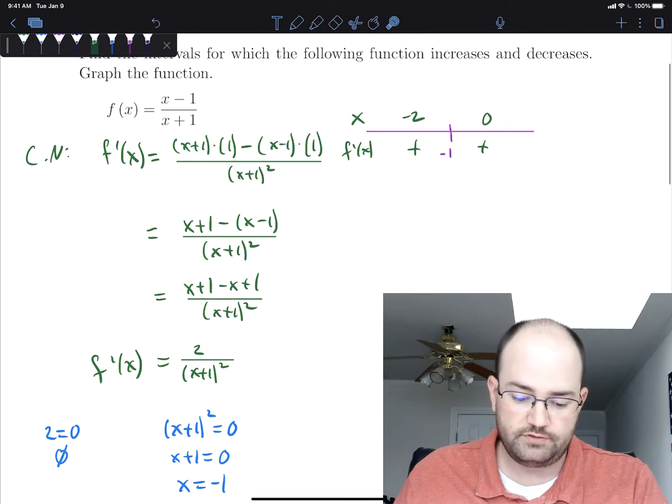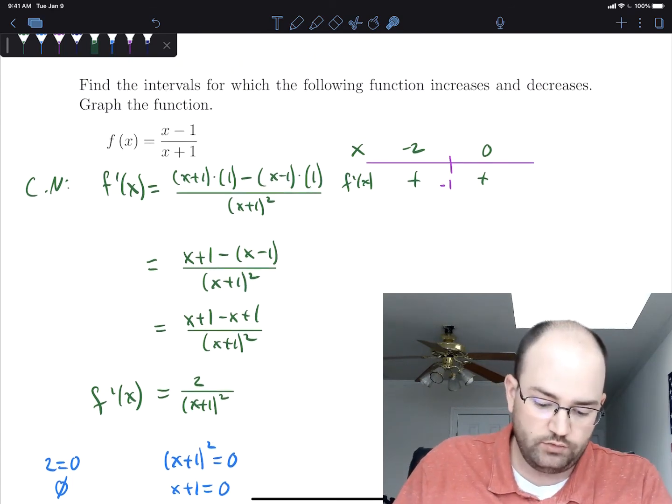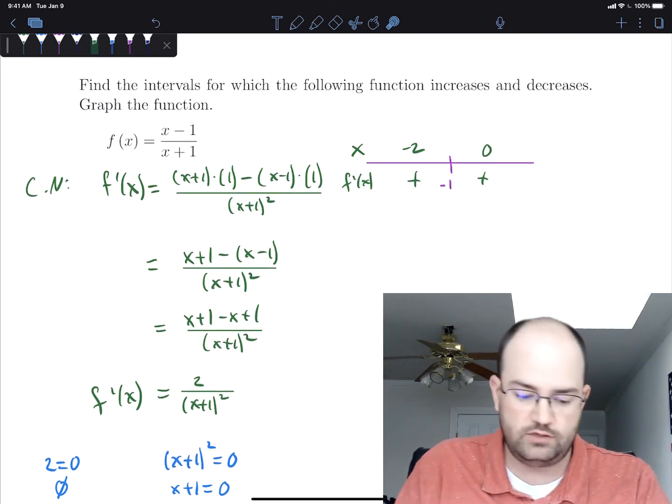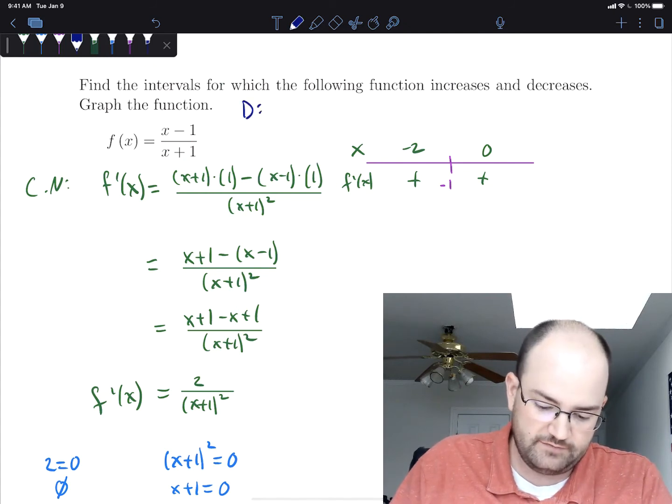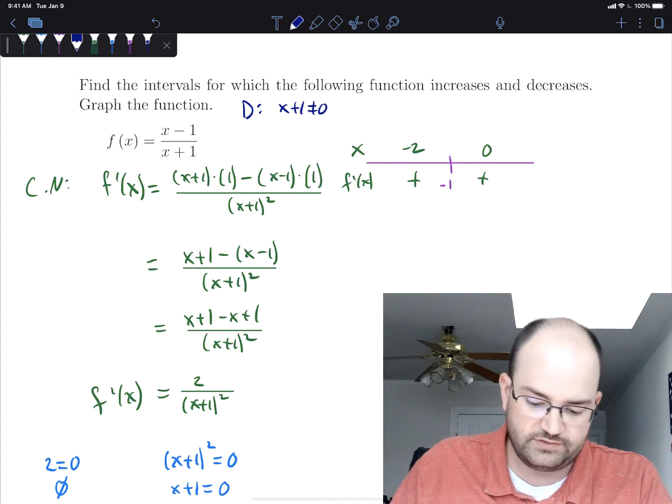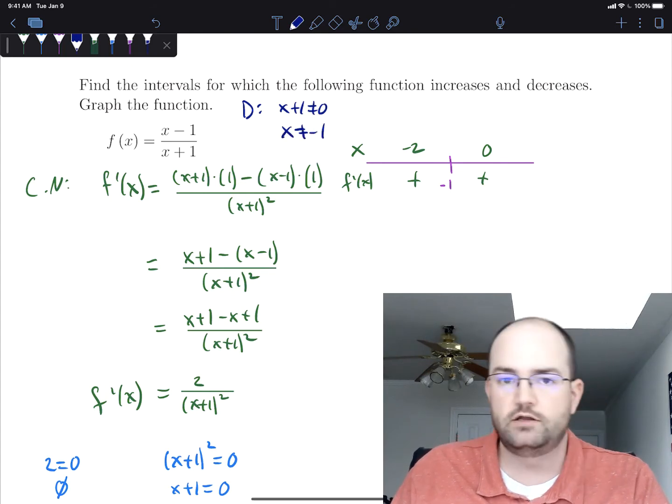But remember that that domain is only where the denominator here is not equal to 0. So the domain of this function is where x plus 1 is not equal to 0. So x is not equal to negative 1 here.